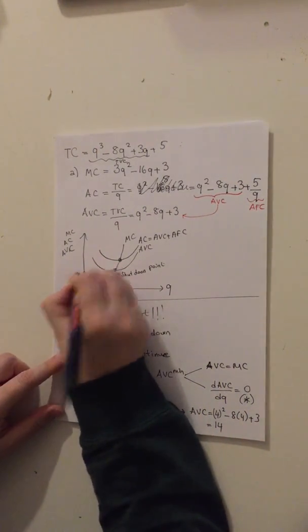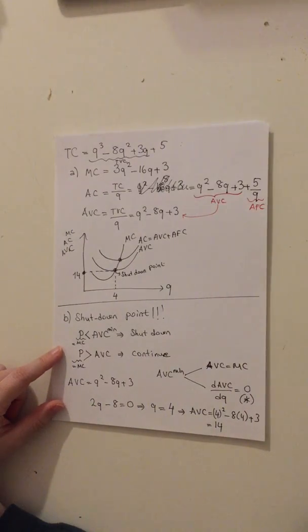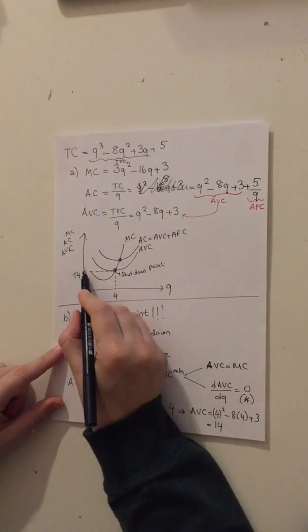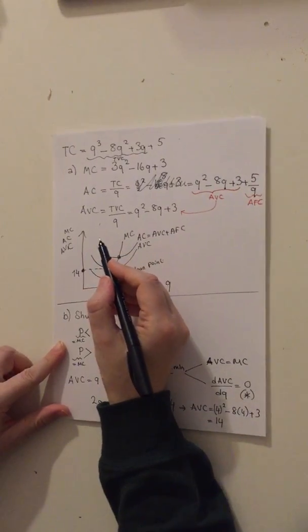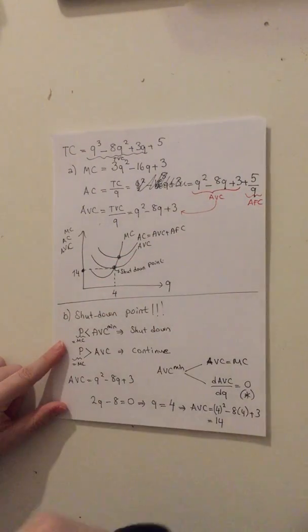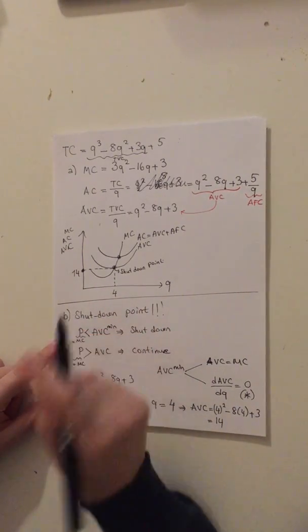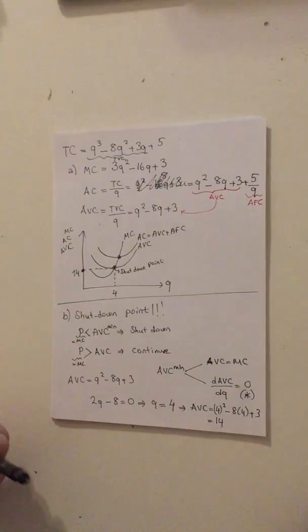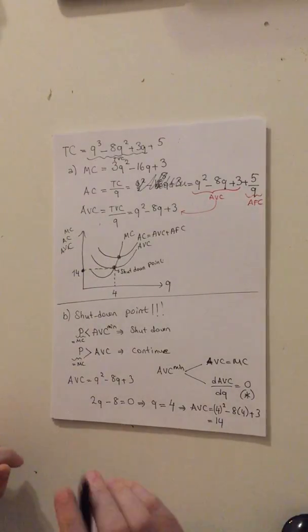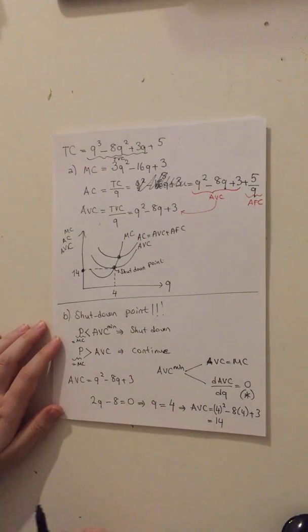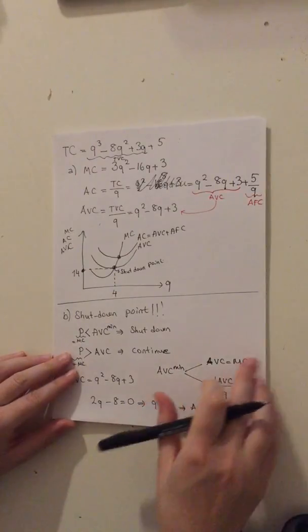So that is 14, which means that if price is greater than 14, then the firm will supply. The firm will continue its business. But if price is less than 14, then the firm will shut down. What was the question, by the way? Yes, at what range of prices will the firm supply zero output? So if the price is less than 14, the firm will supply zero output.